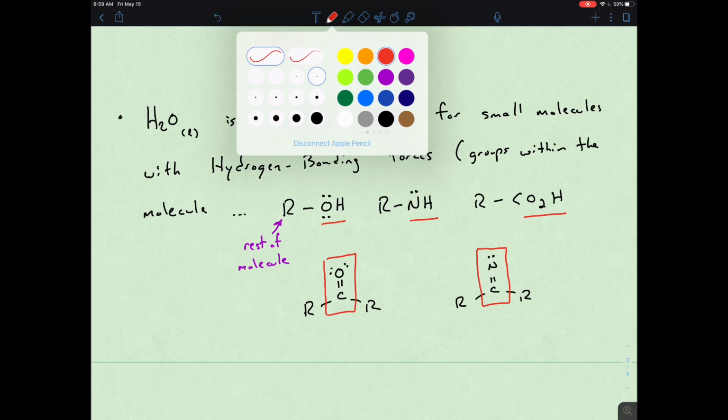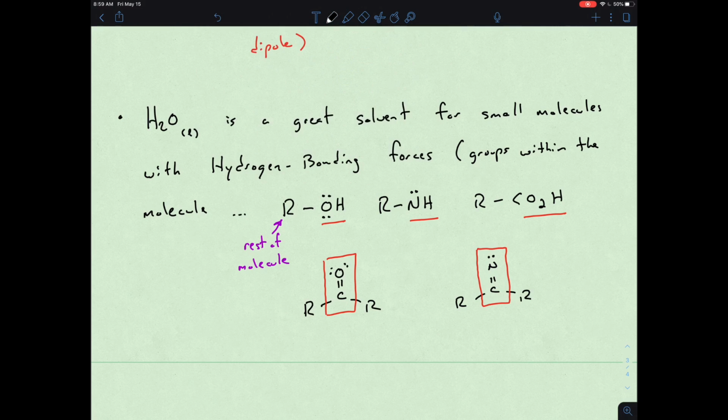Just as a side note, this RCO2H, just to draw it out, has this type of structure. So those are the same molecule, just expanding on it. So because of that, these all are extremely water soluble type molecules.